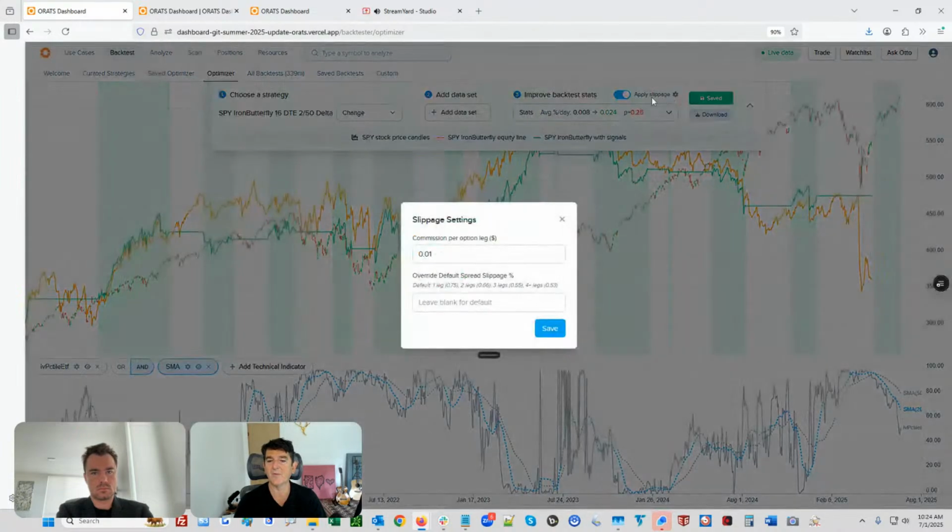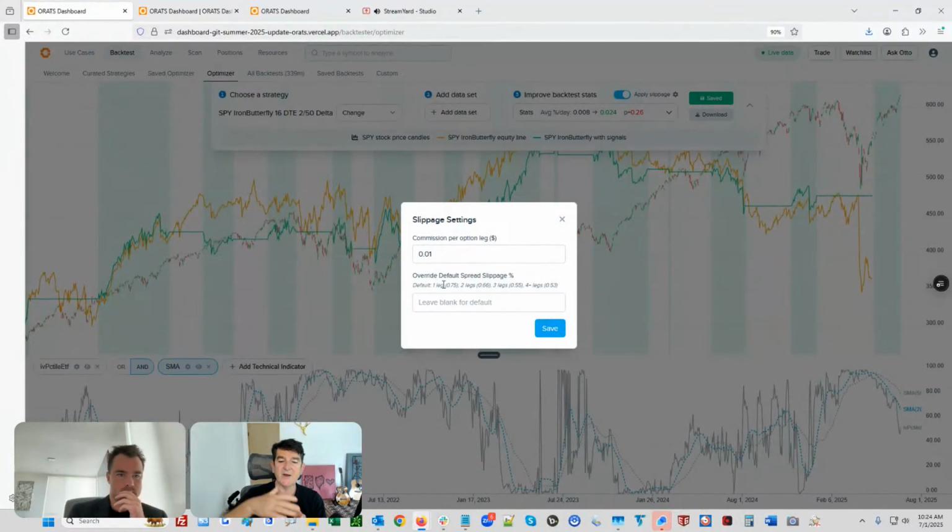So we have commission, we have overall spread slippage, we have defaults where you would trade that have held up over years of doing it. So if you have a one leg strategy, you might travel 75% of the bid ask spread to trade.